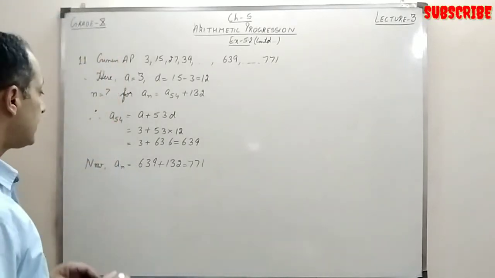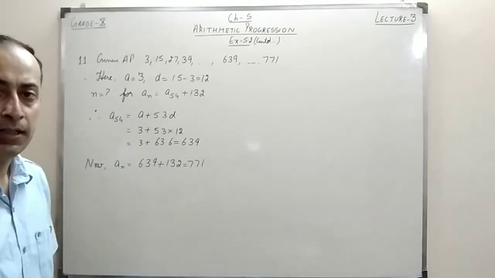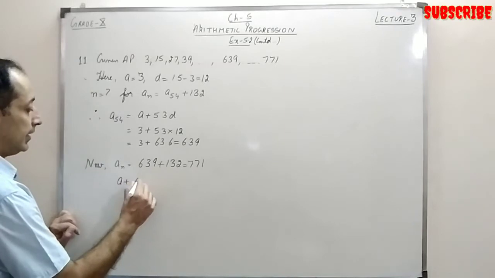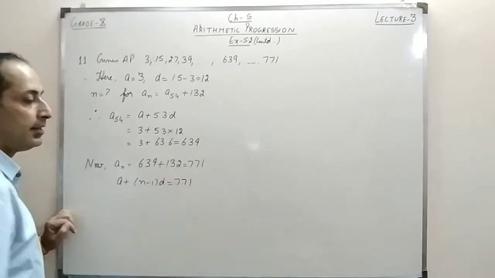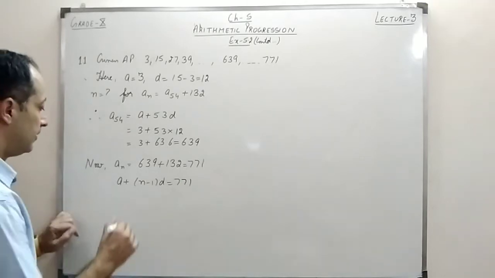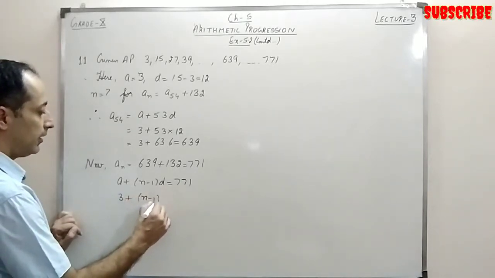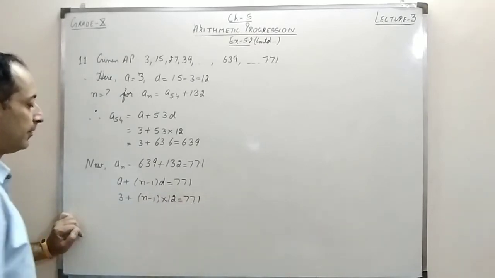So I have got an equal to 771, and I can write the formula of an like this: a plus n minus 1 into d equal to 771. Now substitute the values: 3 plus n minus 1 into 12 equal to 771.